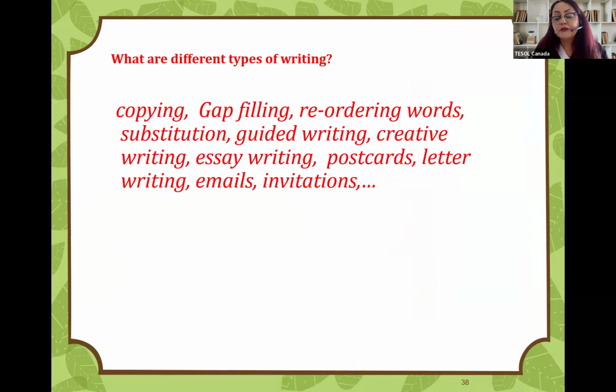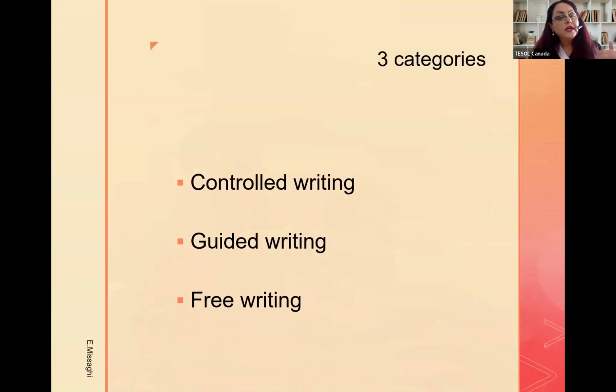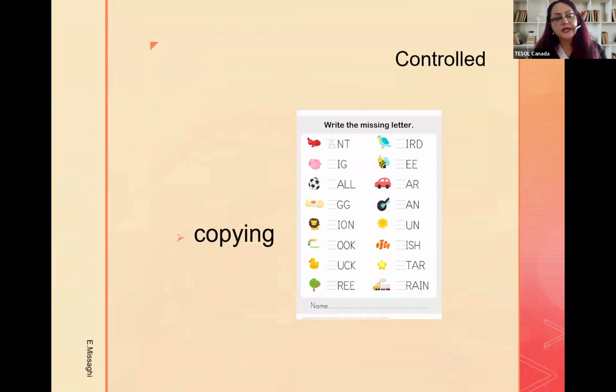What about typing, writing? I'm sorry. What about different types of writing? There are different activities like copying, gap filling, reordering, or creative writing. If I want to put them in three categories, I would say controlled writing, guided writing, and free writing. Copying is like that.